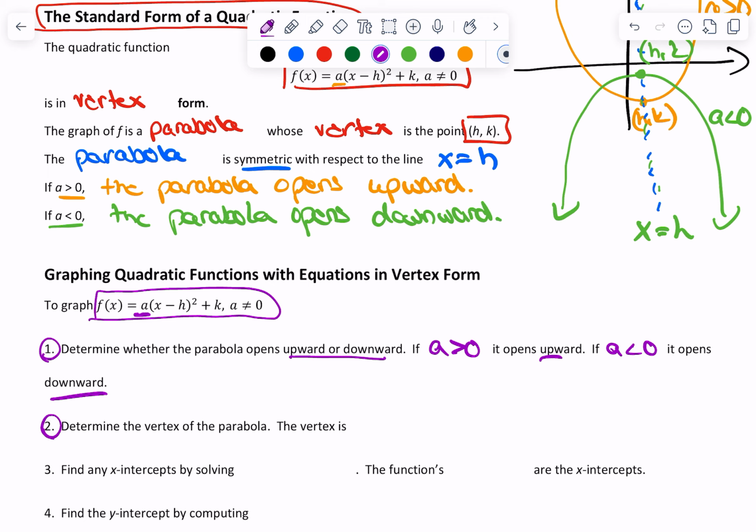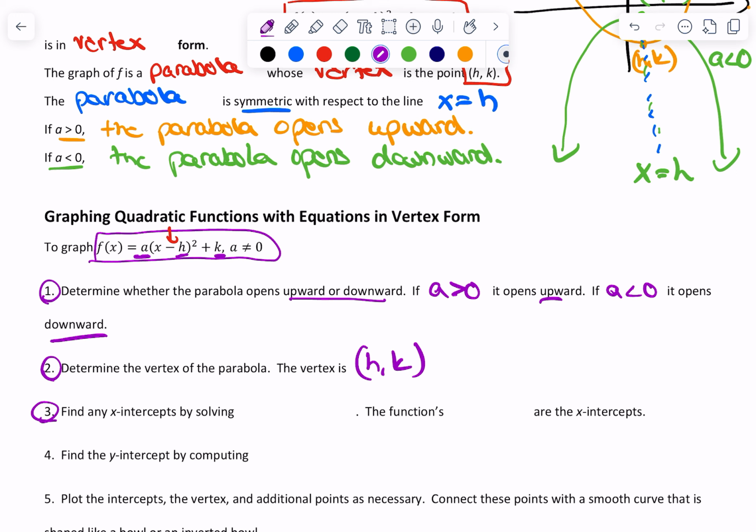Second step is to determine the vertex of the parabola. The vertex is (h, k). So here and here. Now notice with h, this is a negative, so you have to think kind of the opposite of what we're seeing. And we'll look at an example in a little bit.